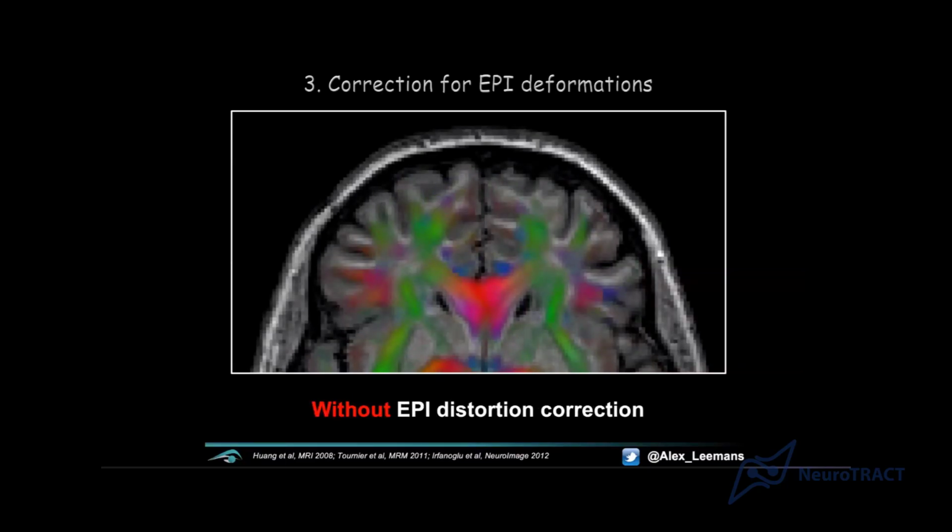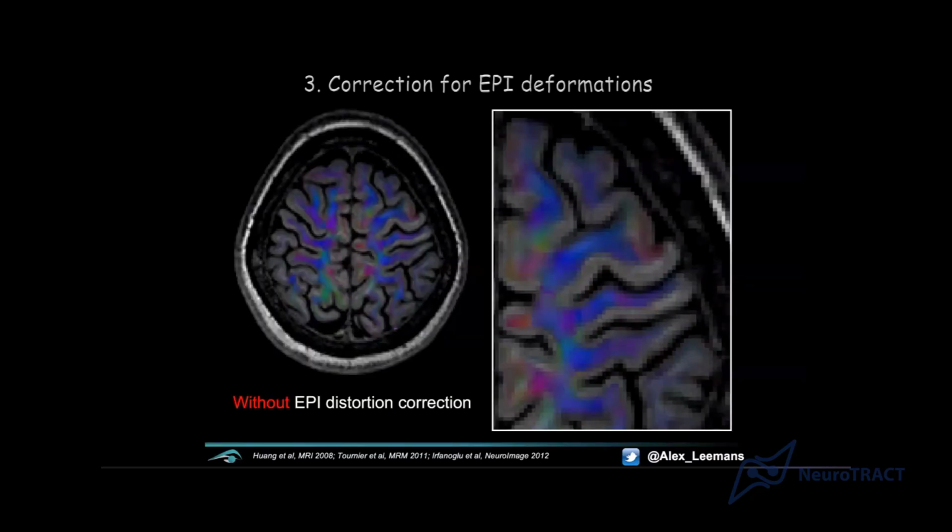And then people have argued, well, we know that these EPI deformations are very pronounced in areas where you have, for instance, air cavities, these big susceptibility differences between air and tissue, for instance, like the orbitofrontal cortex, what I'm showing you now. But we don't have these artifacts higher up in the cortex. That is what often is claimed, especially by those that are not correcting for this. But I'll show you an example where you can still see the benefit of correcting this.